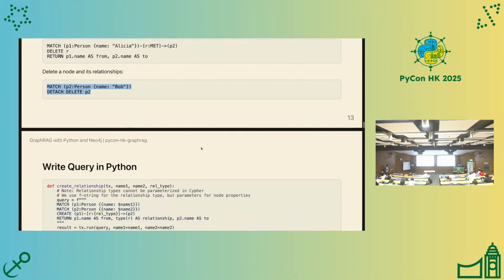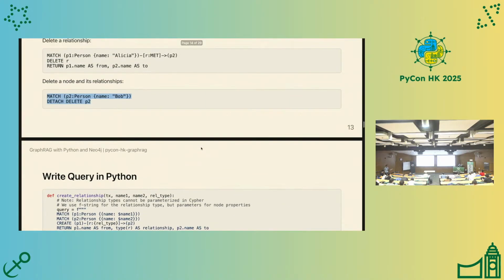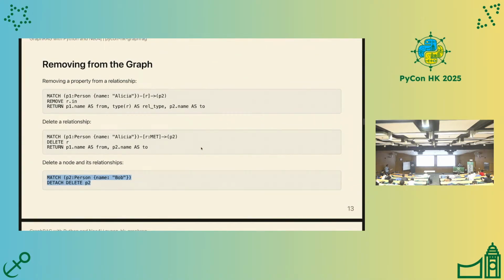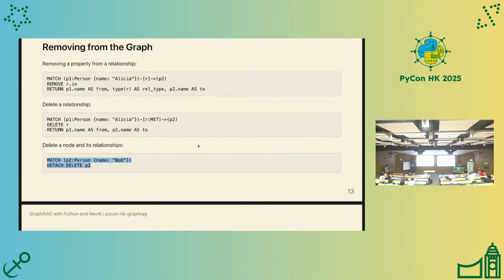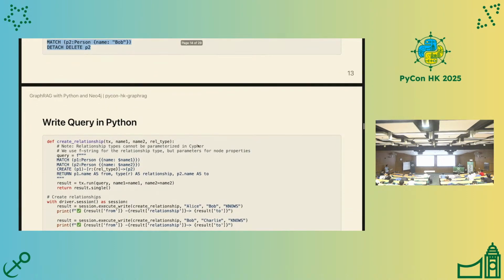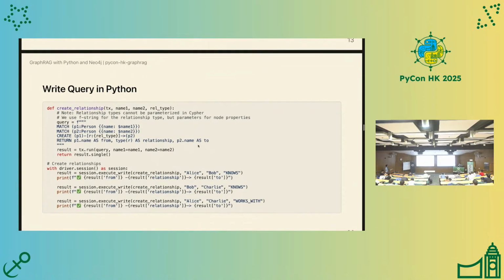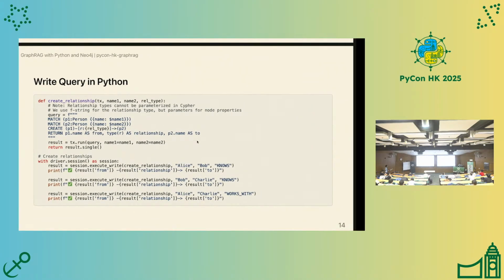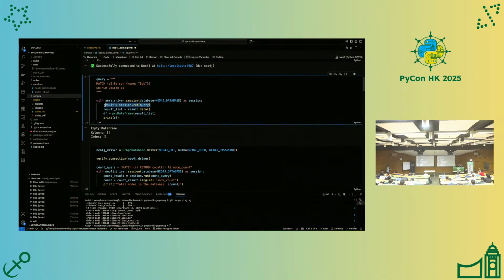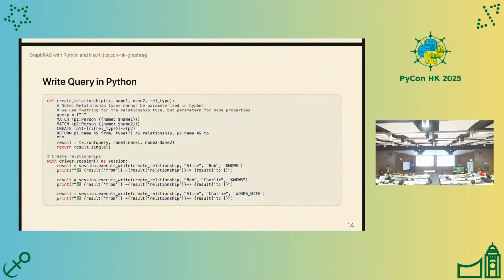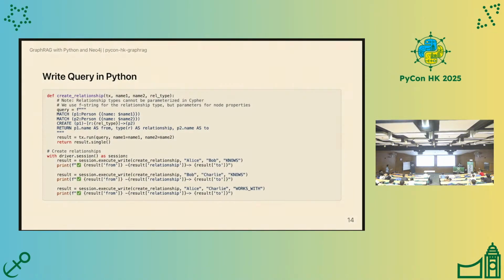Okay, so that's most of the main things that you would need if you're interfacing with Neo4j directly. You can just use Python drivers to interact with Neo4j. Just now I was using session run, which is the most basic form. You can also do more complicated stuff, like use session.execute_write or execute_read to run more complex queries, and especially to provide parameters.